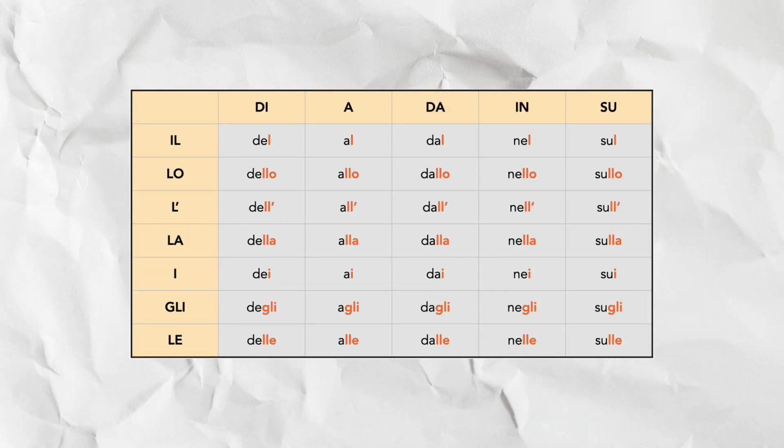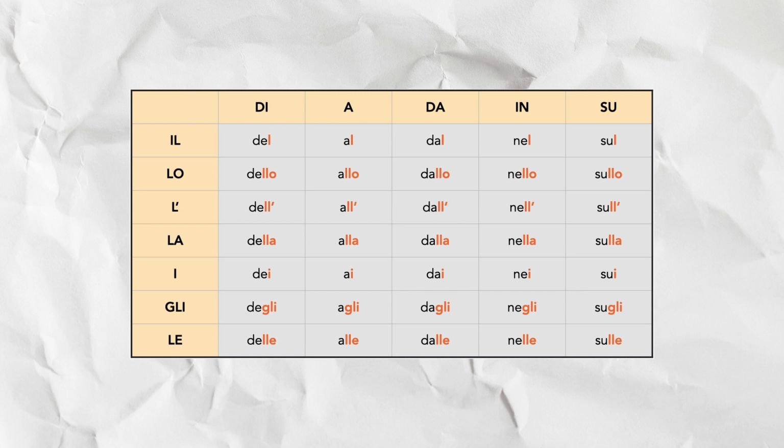So what you do now is to attach these endings to the prepositions. But you don't add it to just the preposition itself. You actually change a little the preposition. For example, if you start with di, it's gonna become de. And then you attach the endings. So you're gonna have del, dello, dell', della, dei, degli, delle.